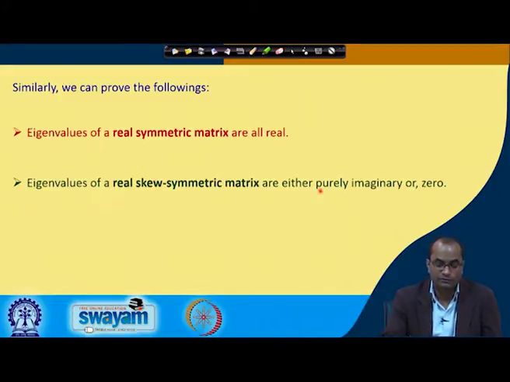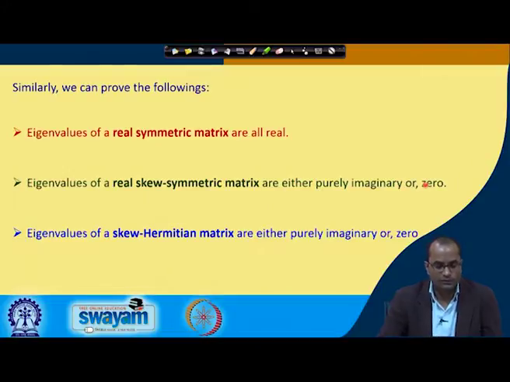This is also interesting: the eigenvalues of such matrices are either purely imaginary or 0. Those are the two possibilities, which again we can show by following the earlier proof.